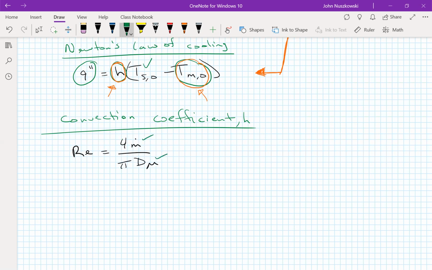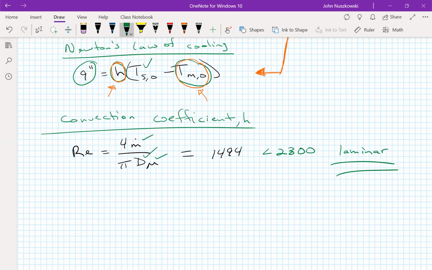Okay, so we have mass flow rate. I already got the dynamic viscosity, diameter. So we get 1494, which is less than our 2300 for internal flow. So we're laminar. So we figured out whether we're laminar or turbulent. We know that much. Anything else to get our convection coefficient?